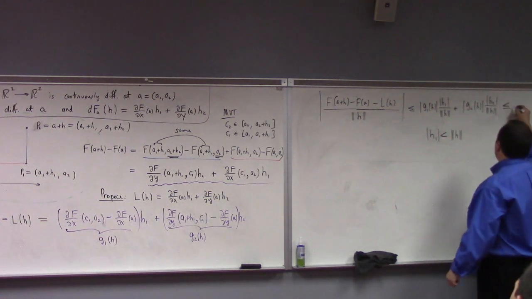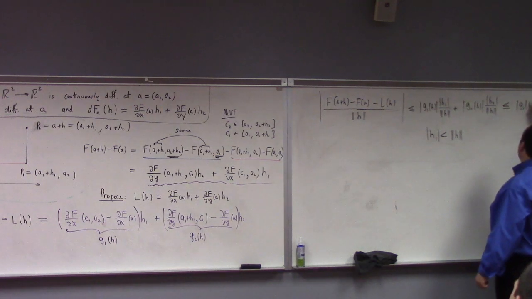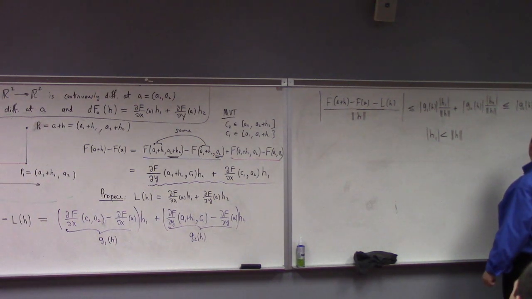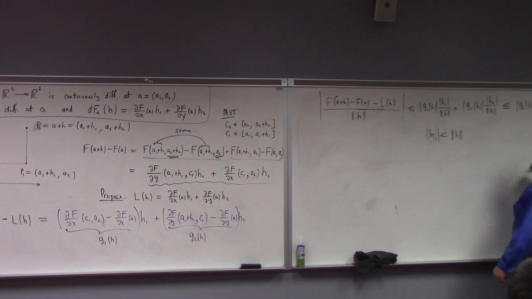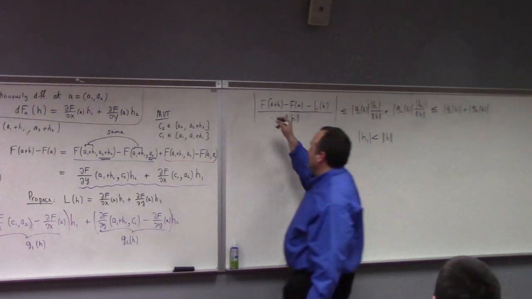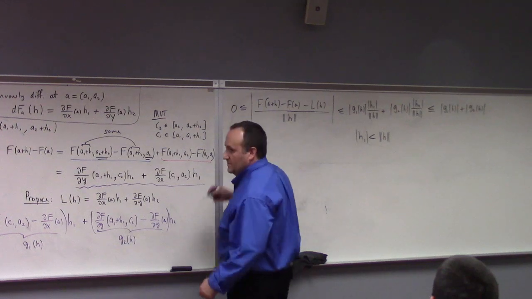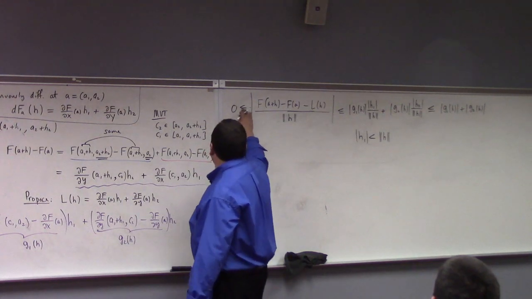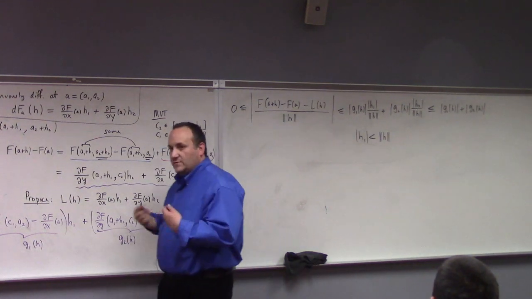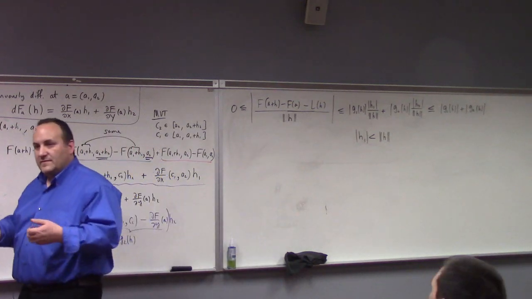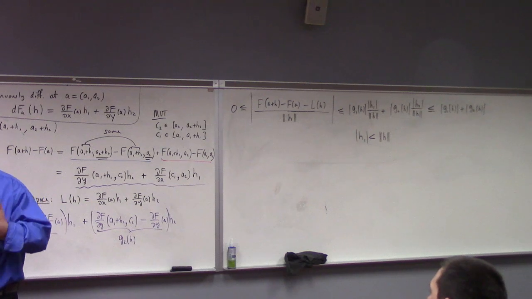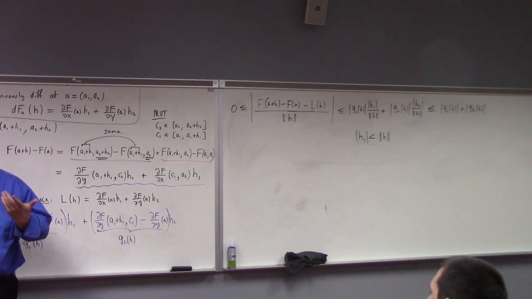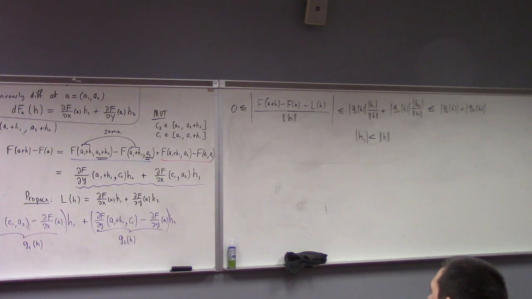So you can say this is less than or equal to the absolute value of G1 of h plus the absolute value of G2 of h. And of course 0 is less than this. So by the squeeze theorem, the limit is 0. And we have now proved that L sub h so constructed is the differential. Therefore, continuously differentiable implies differentiable.